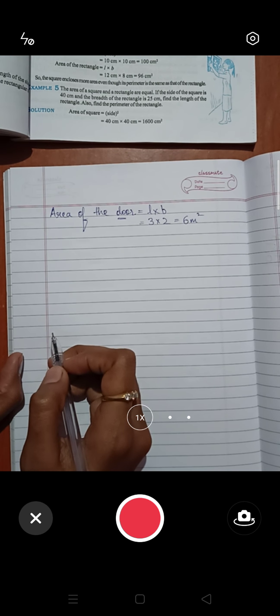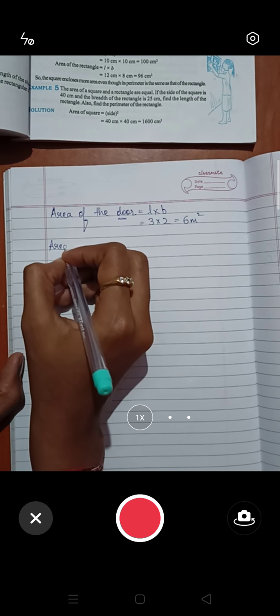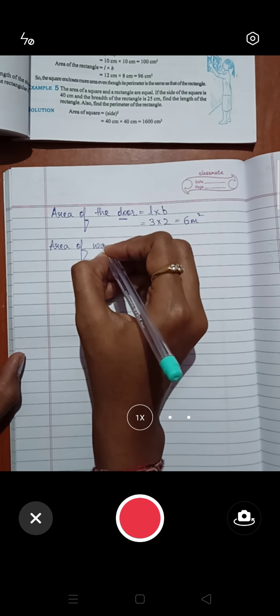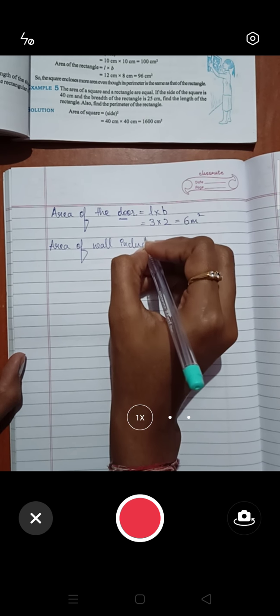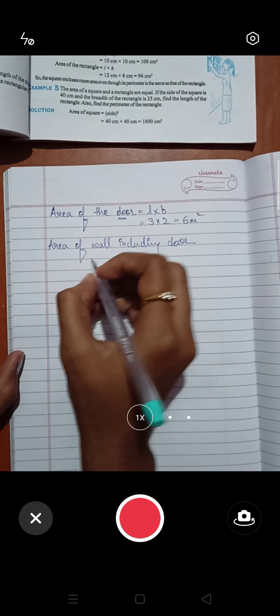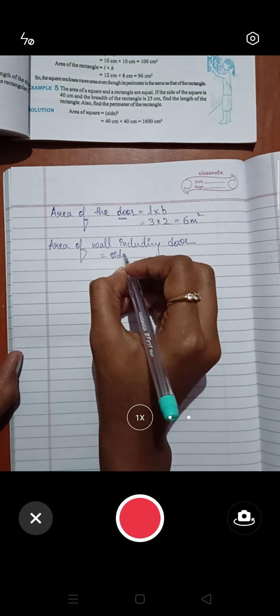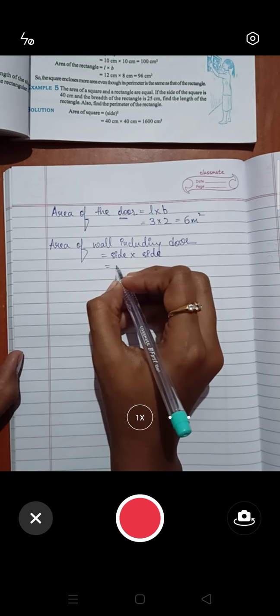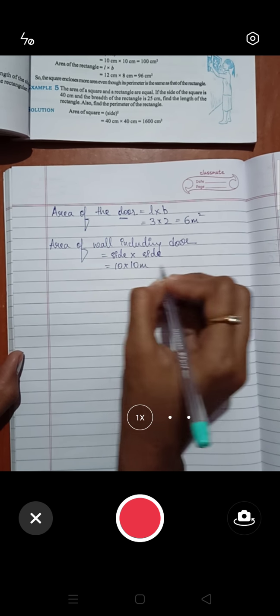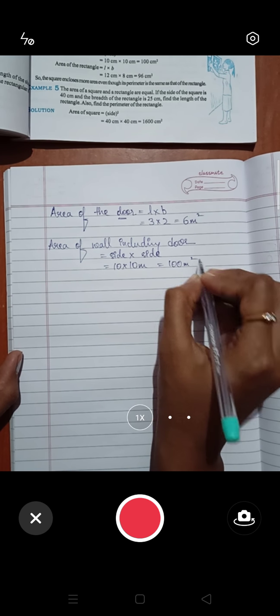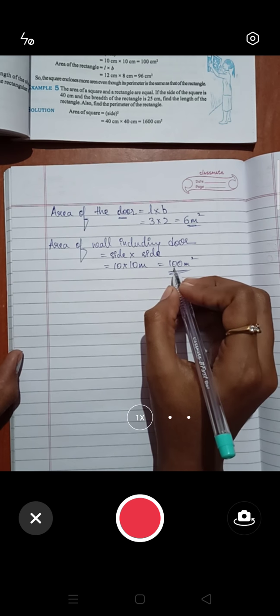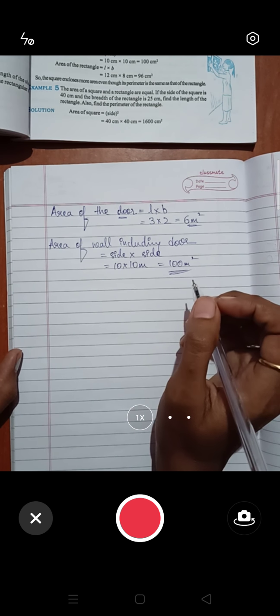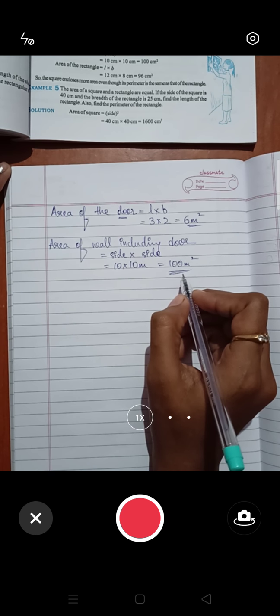Now we need to find out the area of the wall including the door. We apply the formula, side into side, which is equal to 10 into 10 meter. Since it is area, we need to square up the unit. So 10 into 10 is 100 meter square. This is the area of the wall including the door.